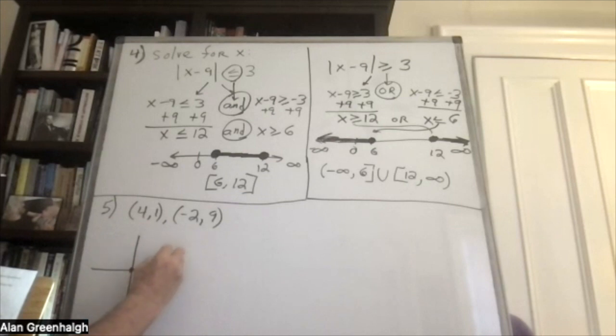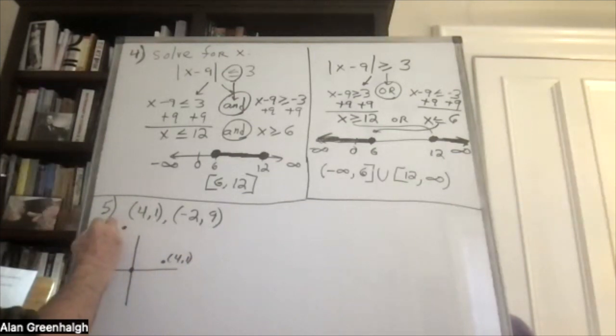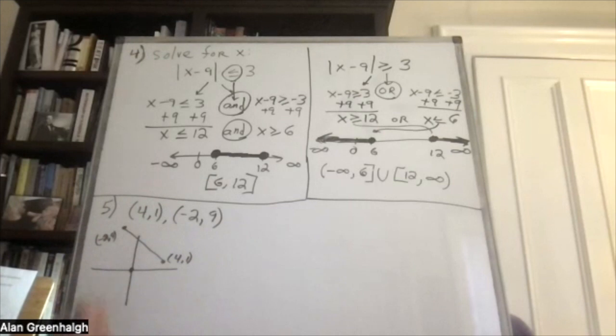This is a sketch, it's not going to be exact. What you're being told is that this is a diameter of a circle, and we want to write the equation of the circle. It doesn't have to be a great circle, just a sketch.